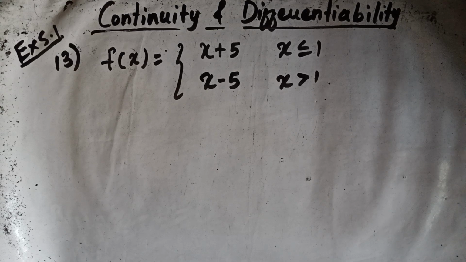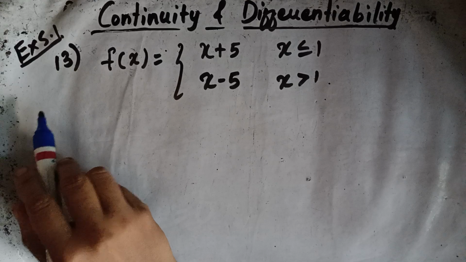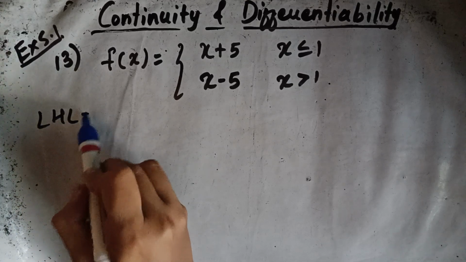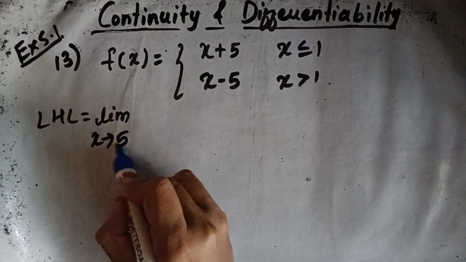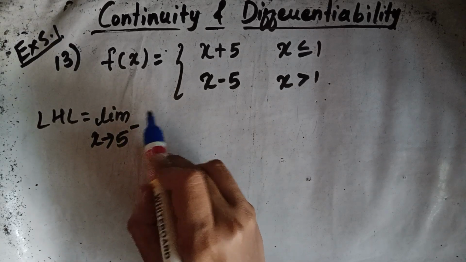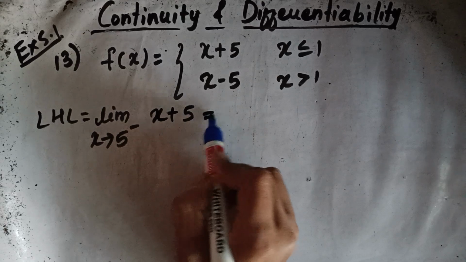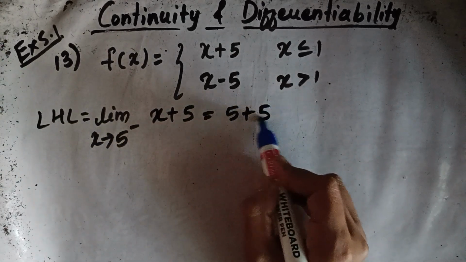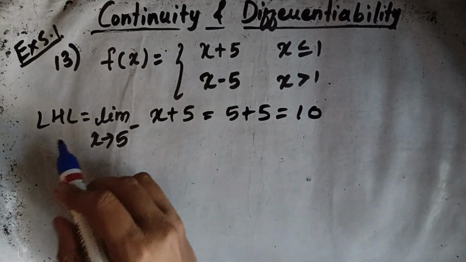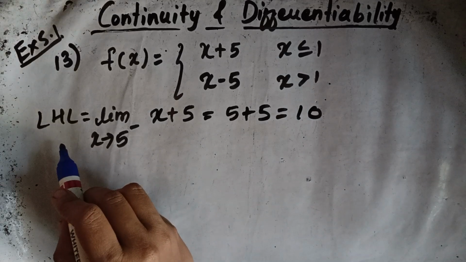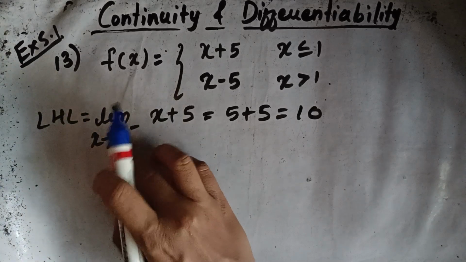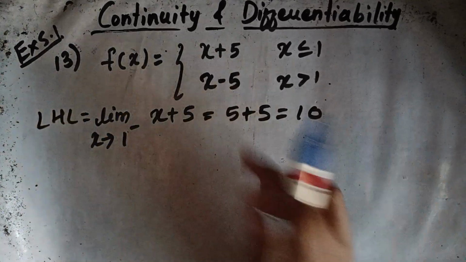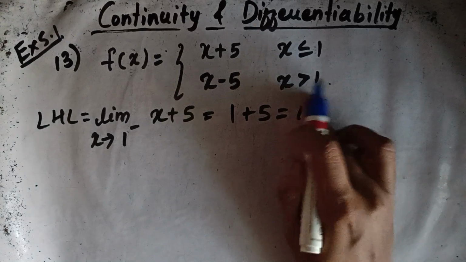Next function, x plus 5 and x minus 1. LHL, as x tends to 1 minus, x plus 5 is 1 plus 5, which is 6.